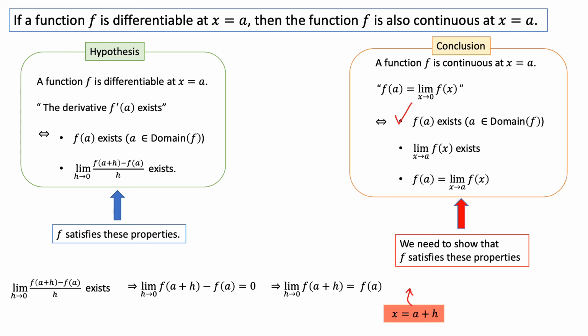Then as h approaches 0, x approaches a, so the limit of f of x is equal to f of a. So this final conclusion automatically shows that the limit of f of x as x approaches a exists, and f of a exists, we already know, and then they coincide with each other. So we completed these two properties.